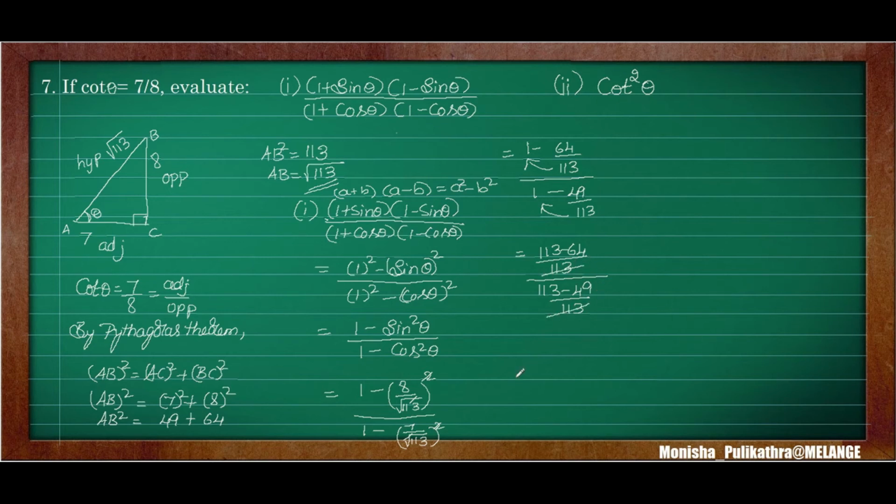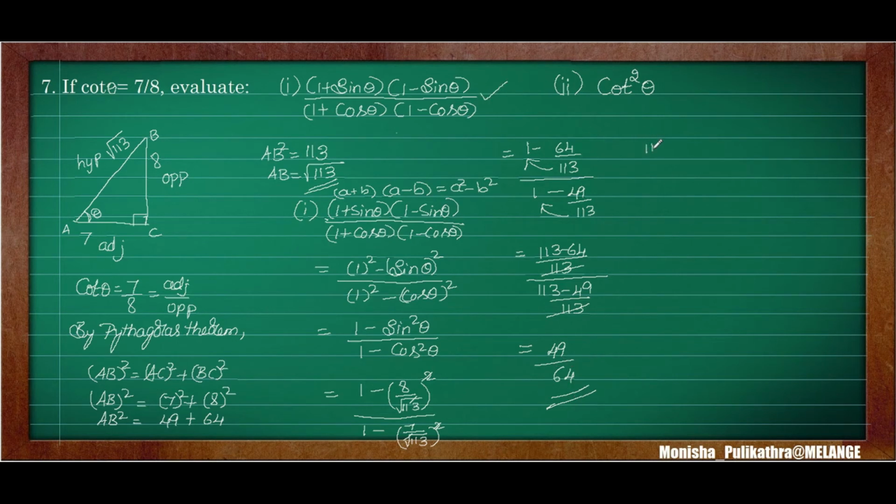So this 113 cancels each other. Remaining is 113 minus 64 is 49, divided by 113 minus 49 is 64. So 49 by 64. This is the value for the first question.